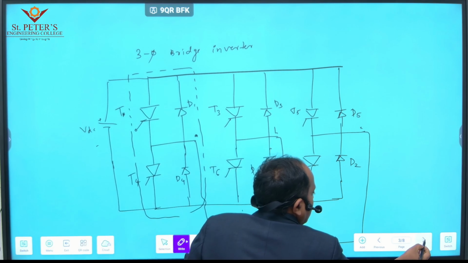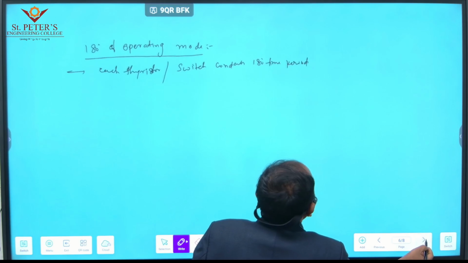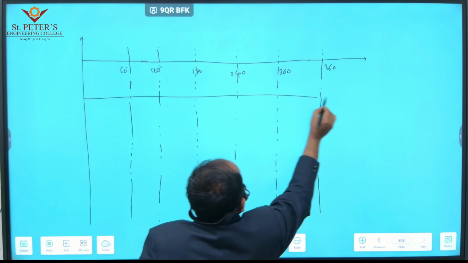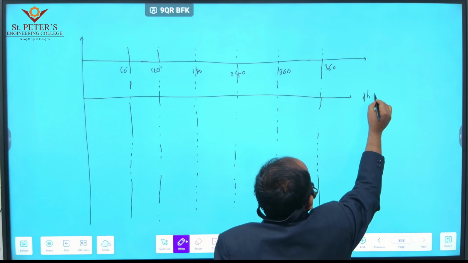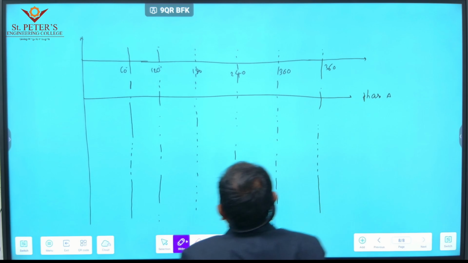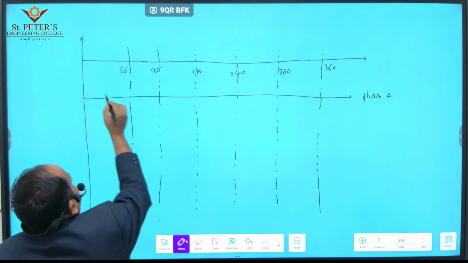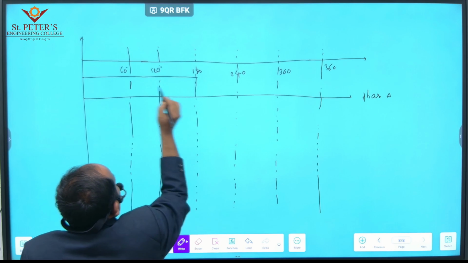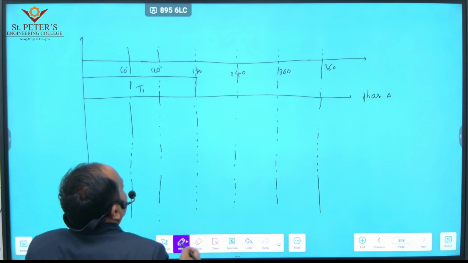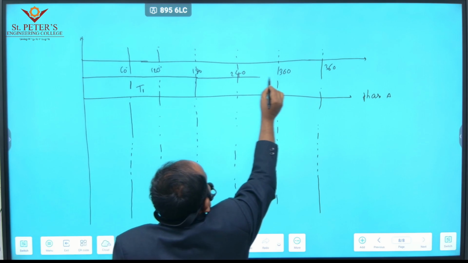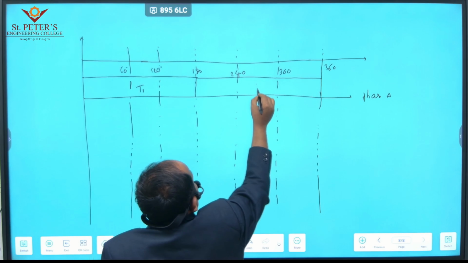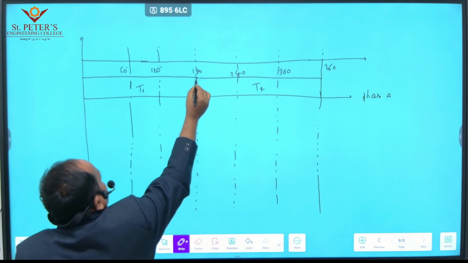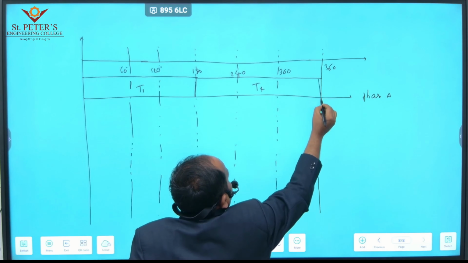So that's why, for phase A, T1 conducts up to 180 degrees, and from 180 to 360, T4 conducts.